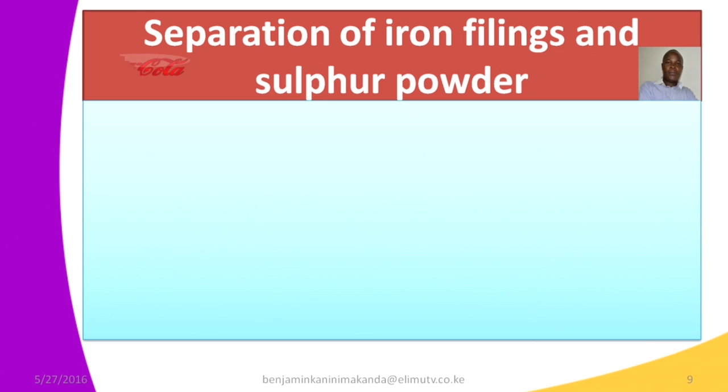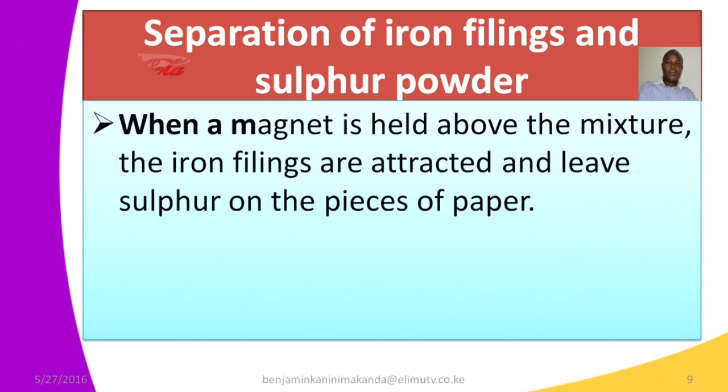Have you noticed that from the video that we have just watched? Iron filings are separated from sulfur powder by the magnet method because iron filings are attracted, leaving behind sulfur. So that's very true. When a magnet is held above the mixture, the iron filings are attracted and leave sulfur on the piece of paper.